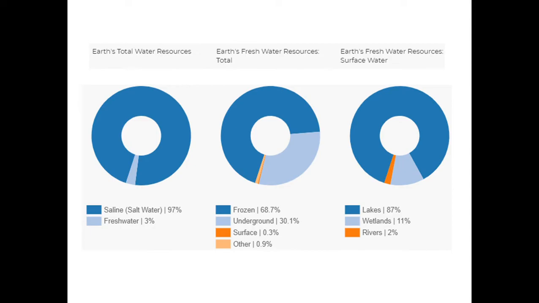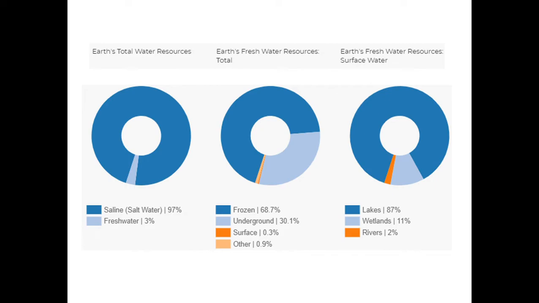Most of the fresh water is frozen, 68.7%. And most of the rest is underground, which is 30.1%. Now let's go with the last one, Earth's freshwater resources, surface water.